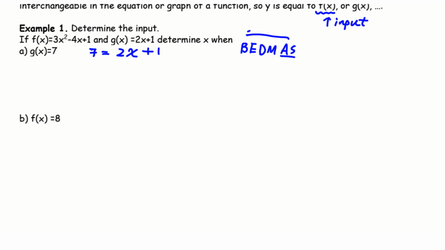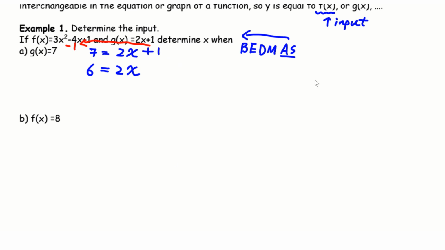We do the plus 1 first. We move it to the other side of 2x, so the opposite operation is minus 1. So 7 minus 1 gives you 6 equals 2 times x. All you need to think is minus 1 from both sides. Plus 1 minus 1 is 0, so the plus 1 is gone.